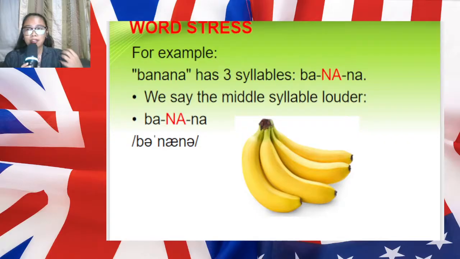Like if I try to stress the last syllable as I did earlier, I will say banana. Again, banana. I have 3 bananas. It sounds weird because it's not the proper pronunciation of it. So it really does feel like it's wrong, okay? Because it's wrong. It's not the proper way to pronounce this particular word. So that's it, okay?